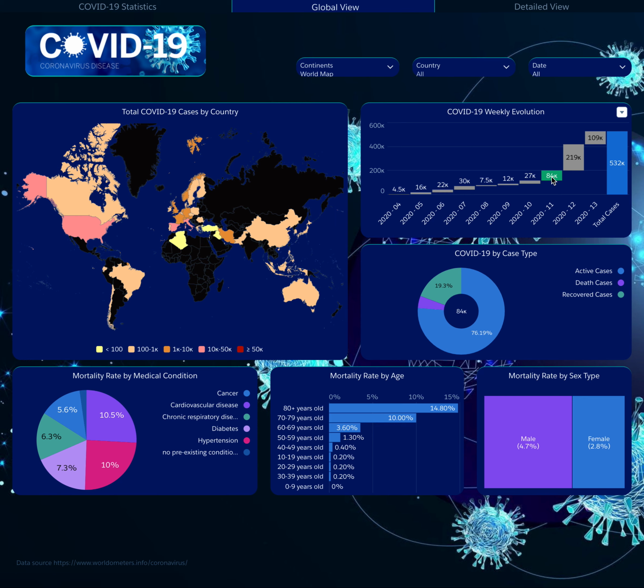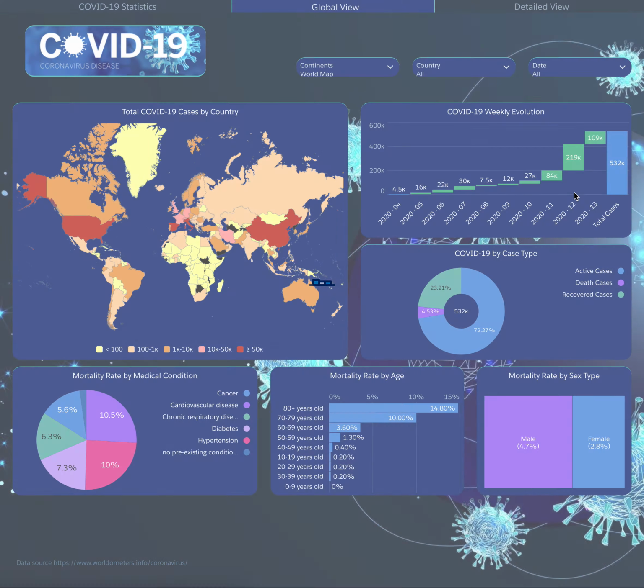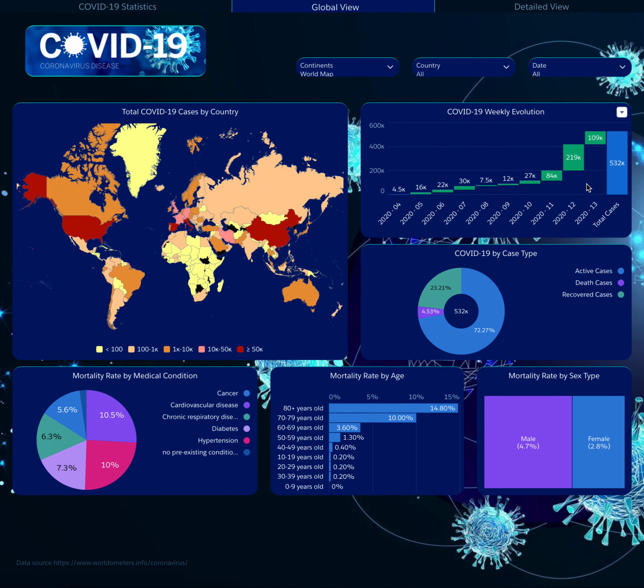Africa wasn't affected at all. Some of the countries in South America weren't affected, as well as Russia and some other countries. The moment we move to week 12, you'll see that the majority of the countries have confirmed that they have cases of COVID-19. Again, a huge jump in the number of cases.